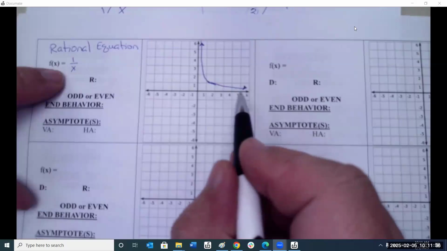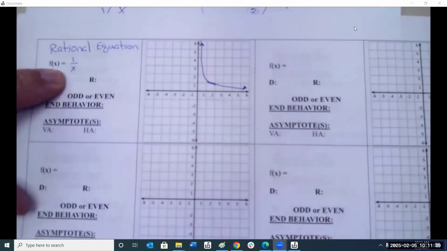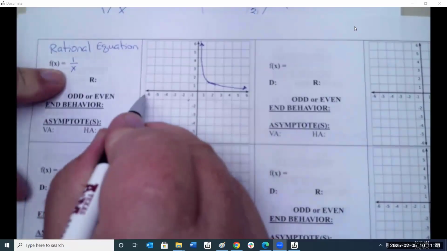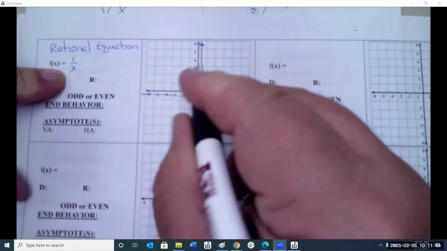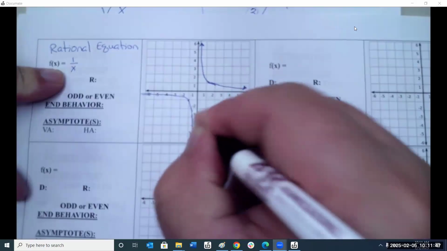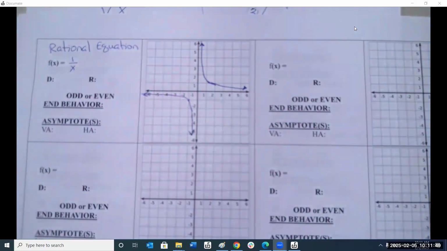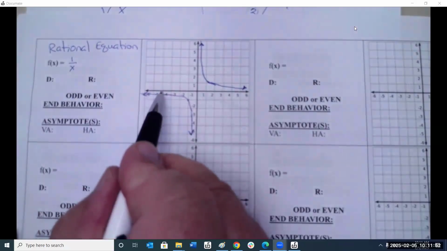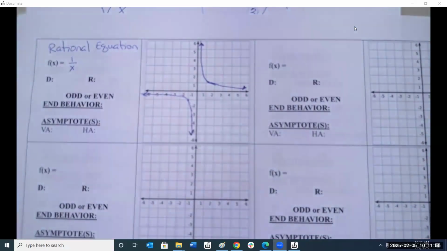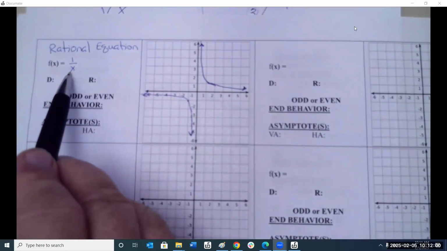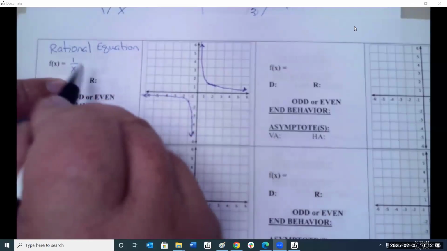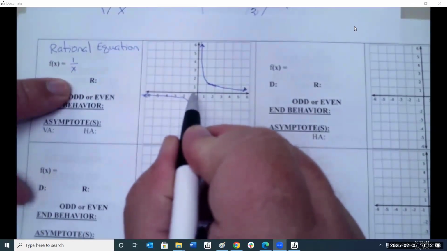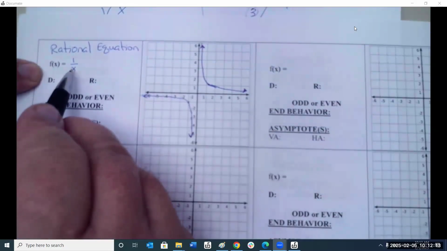So on the positive side, if x is positive, the answer is positive. If x is negative, then the answer is negative. So the farther x goes towards infinity, the smaller this number becomes. So if it's, let's say at 1/2, if x is 1/2, what is my value of this?